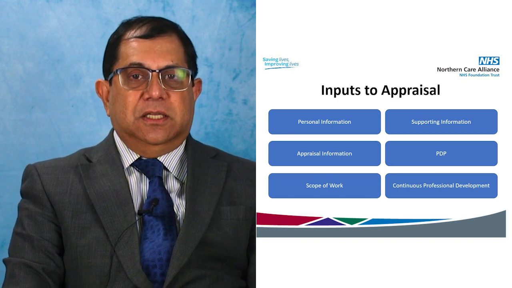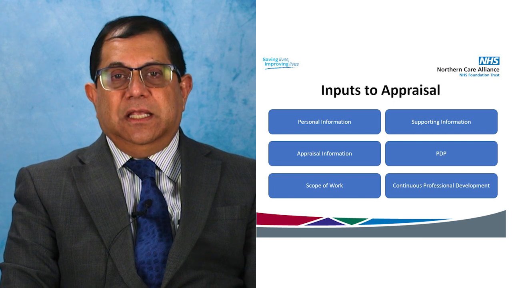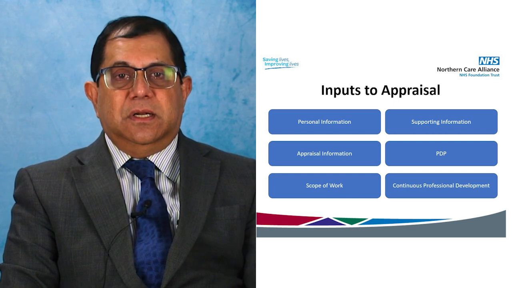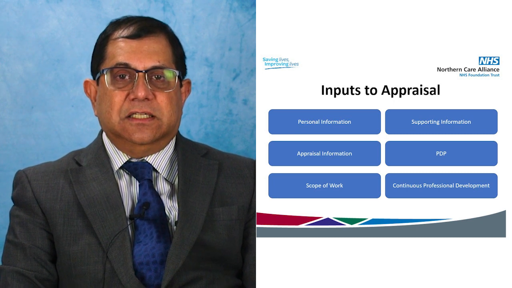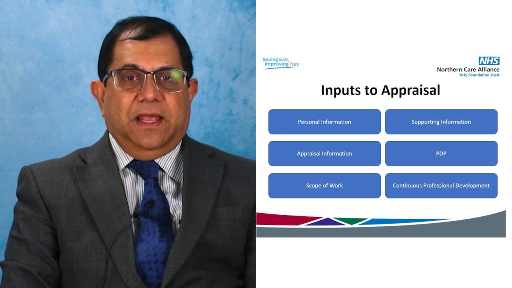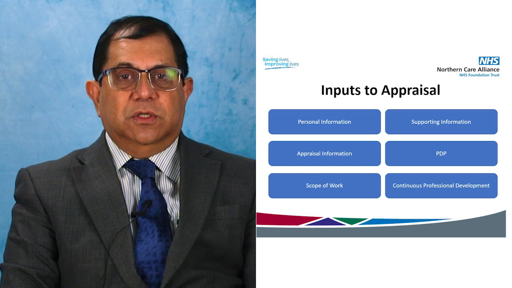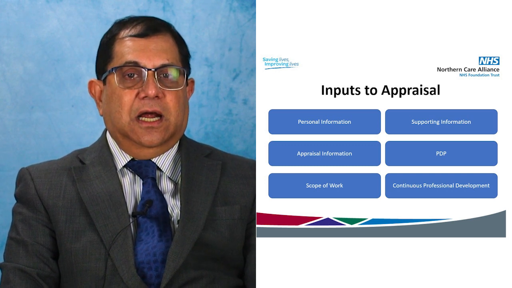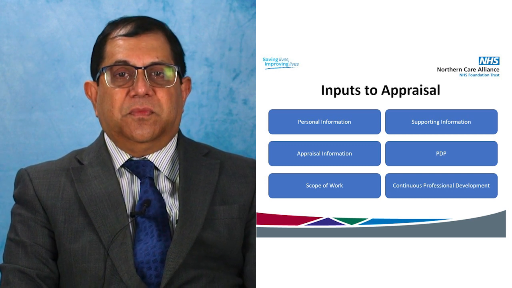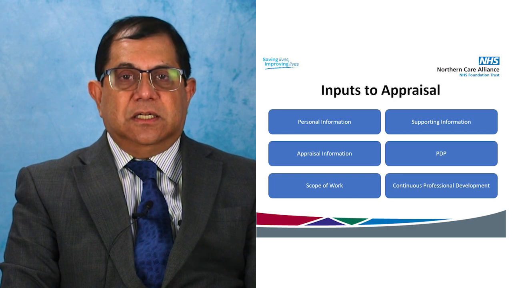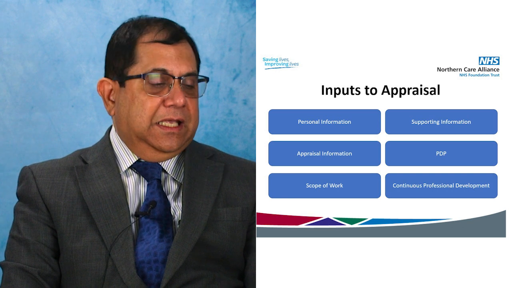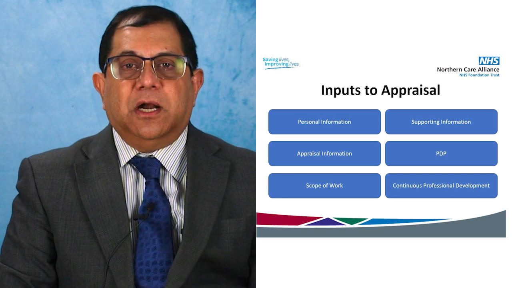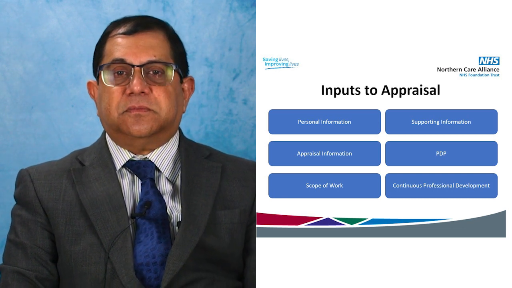The appraisal information is about the appraiser's GMC number, name, and contact details. The appraisal date should be there, and the designated body, which is the Northern Care Alliance, and the responsible officer for revalidation, recommendation, due date, and scope and nature of work are part of this slide.